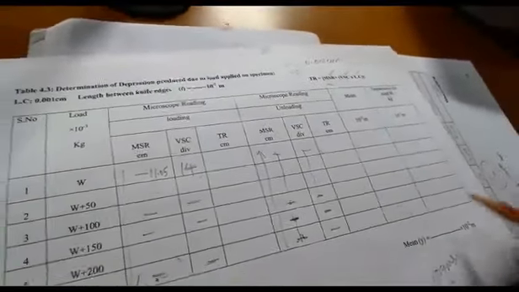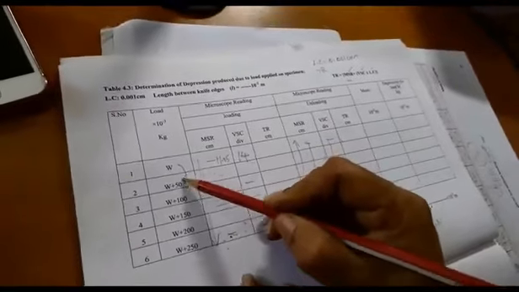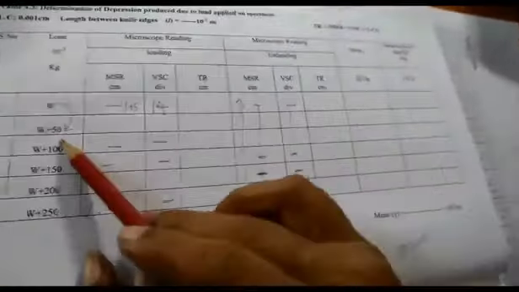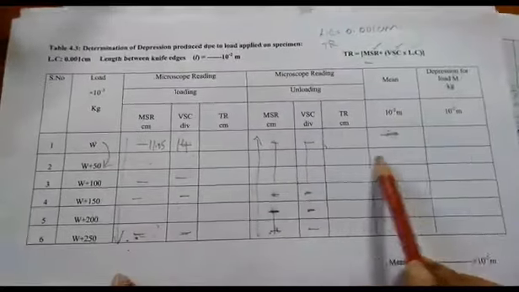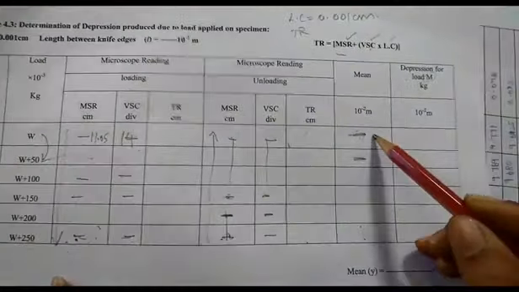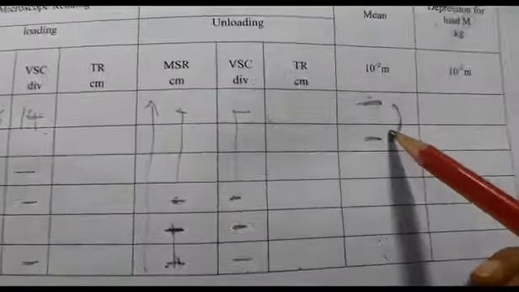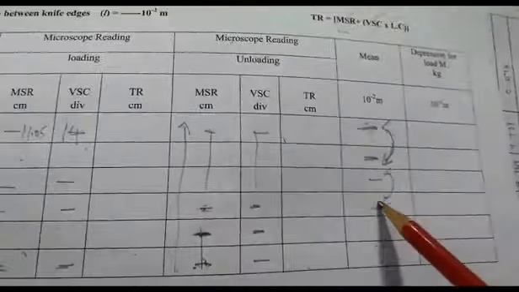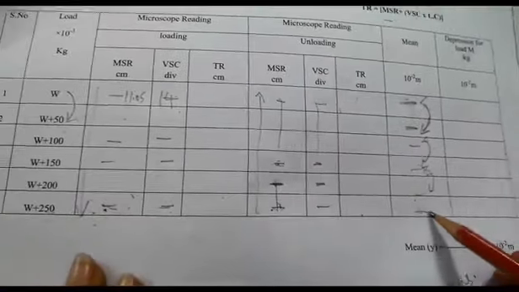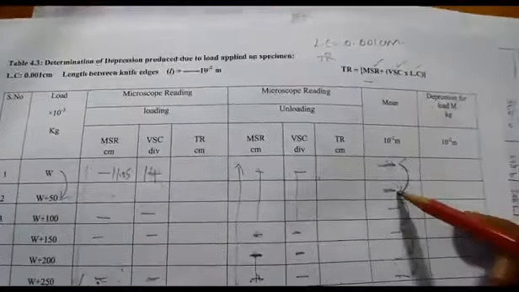Suppose I assign 50 grams for M, the difference between W and W plus 50 is 50 grams. Corresponding W mean reading and corresponding W plus 50 reading, you find the difference. That is, between 1 and 2, the difference is 50 grams.